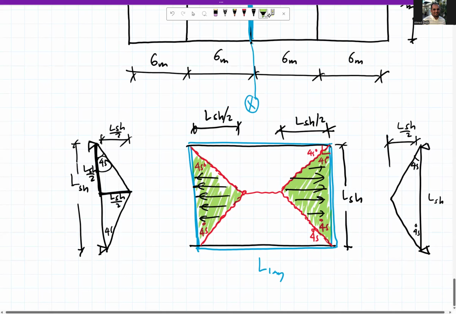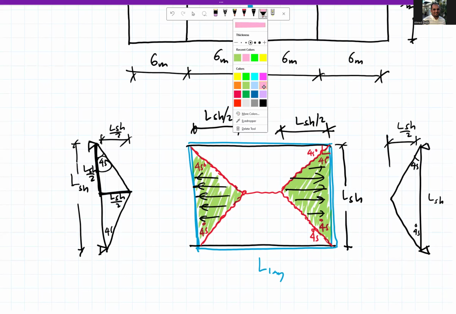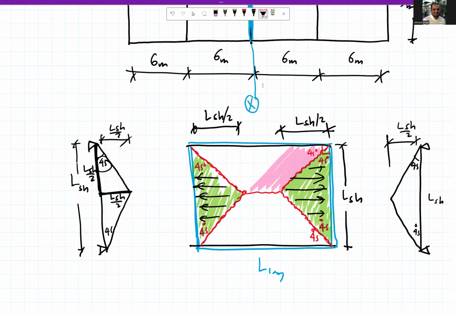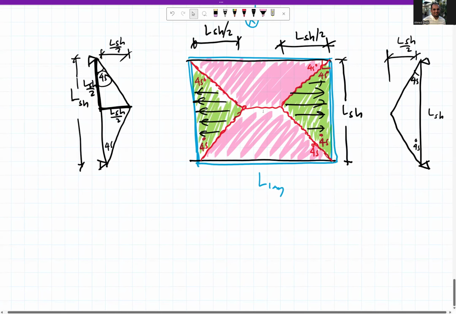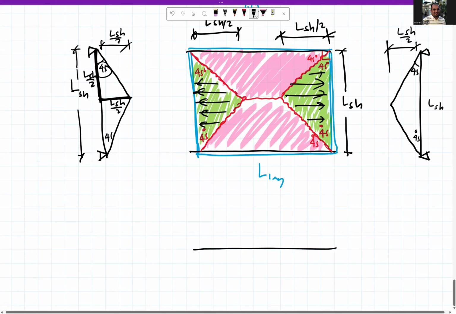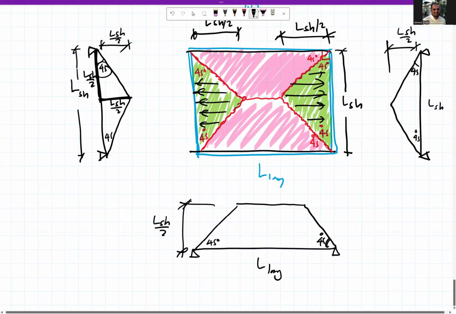And what will happen to the trapezoidal? The trapezoidal will be transferred to the long beams. So these two trapezoidals will be transferred to the long beams. So the beam in the long direction, really long, will carry this trapezoidal. Also, this is 45 degree, 45 degree. The height of this is L short over 2.